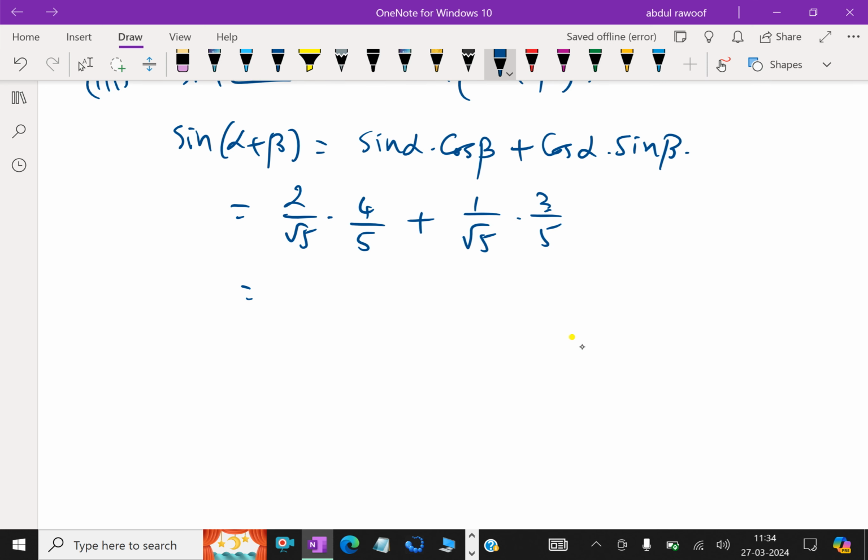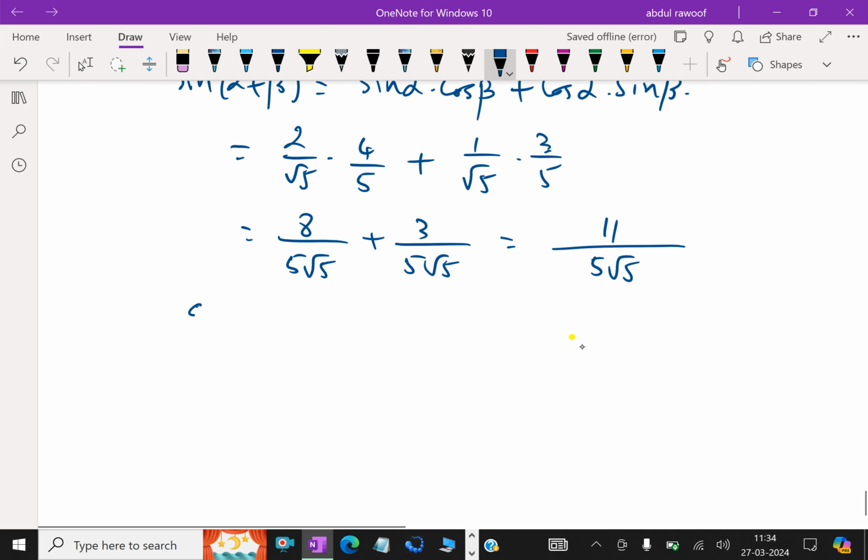This is 8 over 5 root 5 plus 3 over 5 root 5. The common denominator is 5 root 5, and 8 plus 3 is 11. Therefore, we proved sine of alpha plus beta equals 11 over 5 root 5.